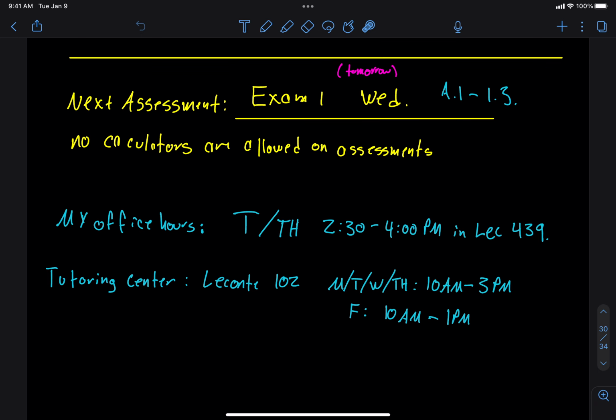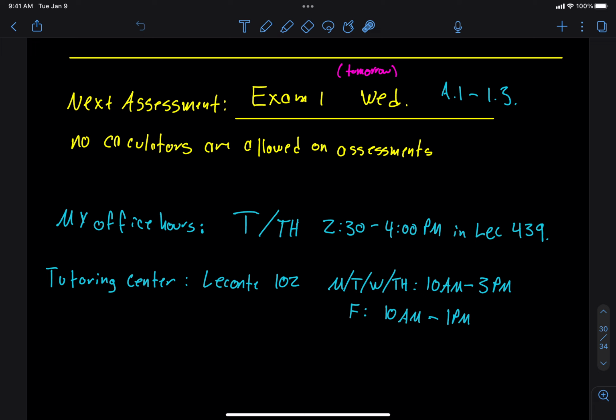The exam covers sections A.1 through 1.3. I have written the exam now, and it is 3 pages long. Basically each page has like 3 questions on it, so it's like 3 quizzes stapled together.